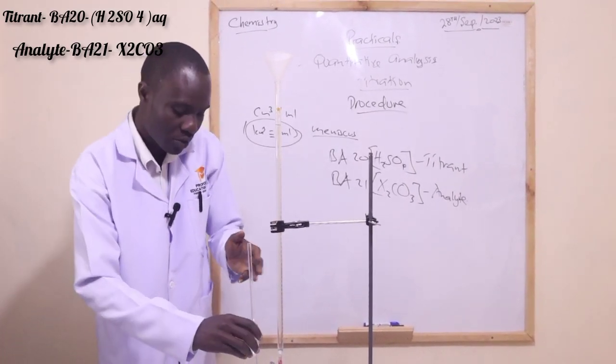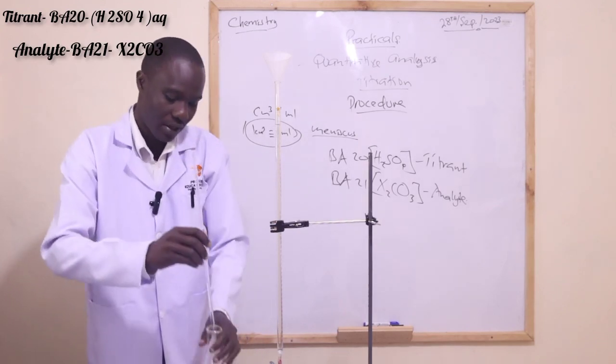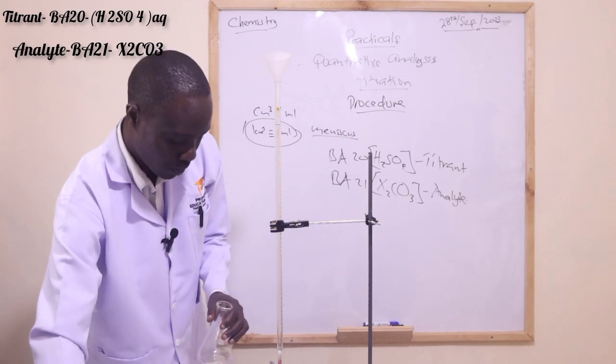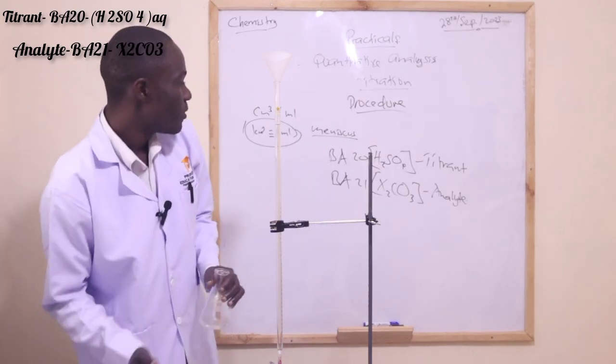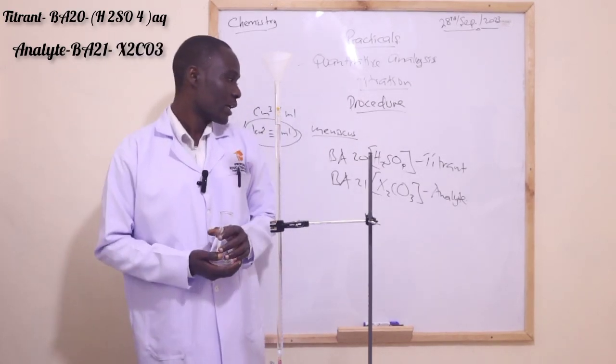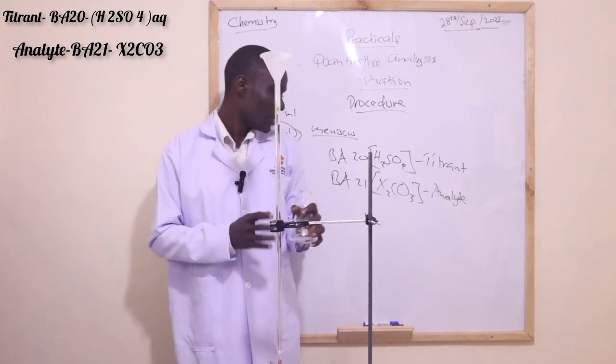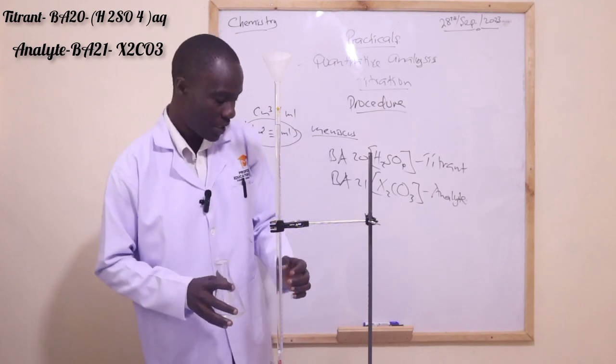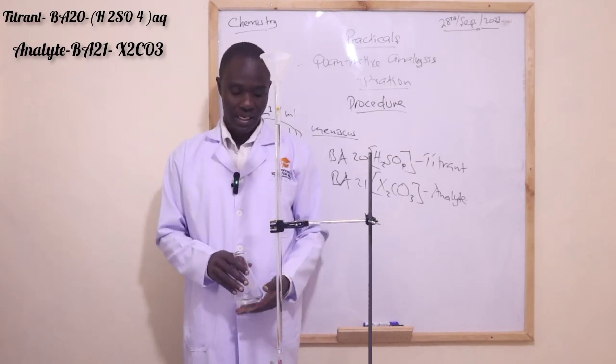We pipette it this way and transfer it onto the conical flask this way. So now we have our two solutions in the right positions. One we've used to fill the burette, one is now in our conical flask.